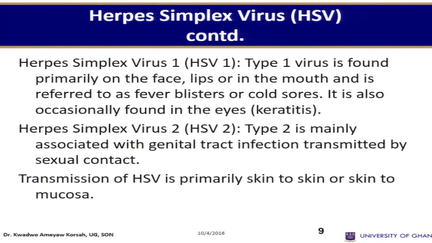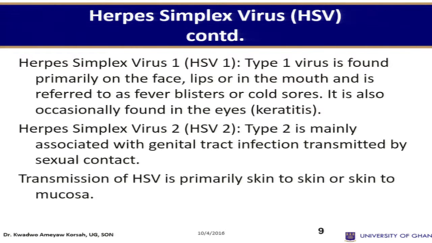Type 1 is found primarily on the face, lips, and in the mouth, and is referred to as fever blisters or cold sores. It's also occasionally found in the eyes. And then we have HSV2, herpes simplex virus 2. This type is mainly associated with genital tract infection and is transmitted by sexual contact.